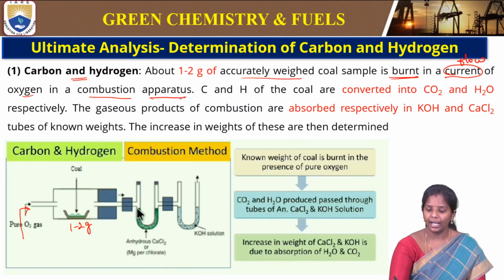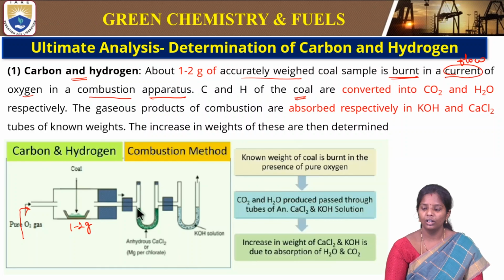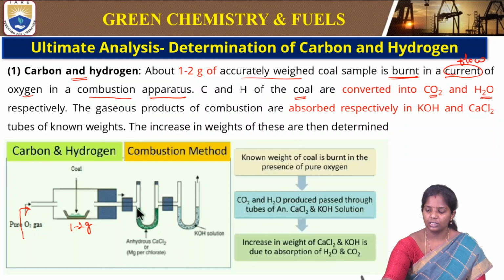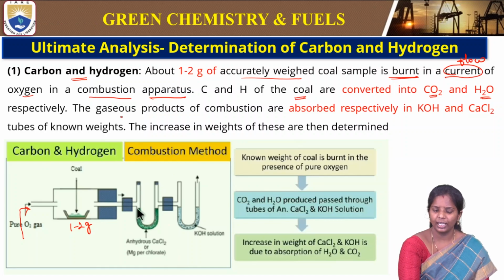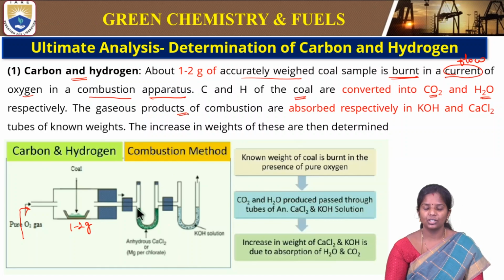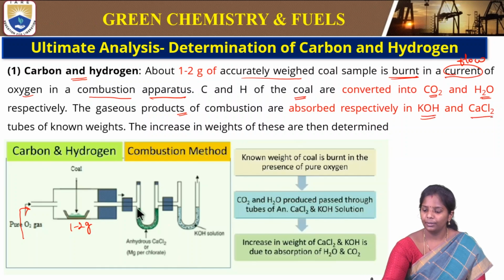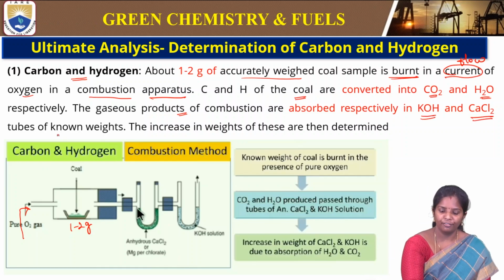The carbon and hydrogen of the coal are converted to carbon dioxide and water respectively. The gaseous products of combustion are absorbed in KOH and calcium chloride tubes of known weights.